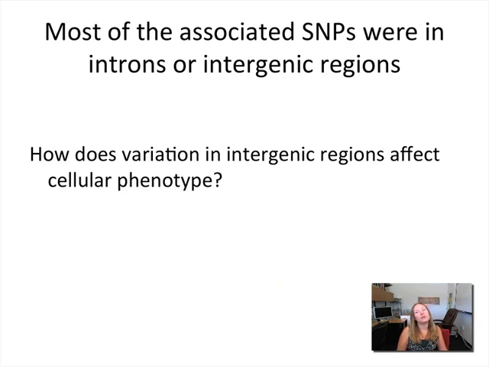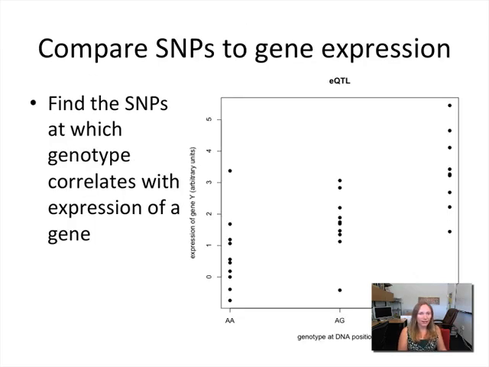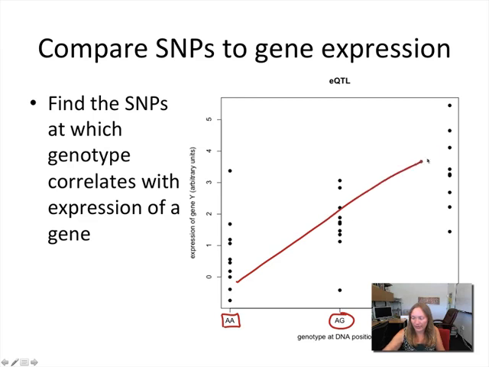What they found was that most of the associated SNPs were either in introns, the lines between the exons, or in intergenic regions. And they wondered how variation in intergenic regions affected cellular phenotypes. So they compared all the SNPs they found to be associated with drug response to gene expression. This is the same made-up plot I showed you before, showing that a genotype at one SNP position can be correlated to gene expression.